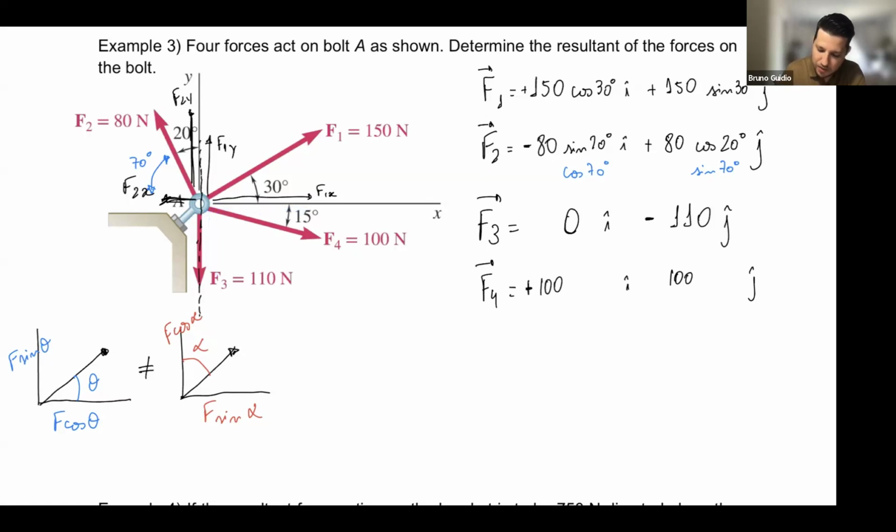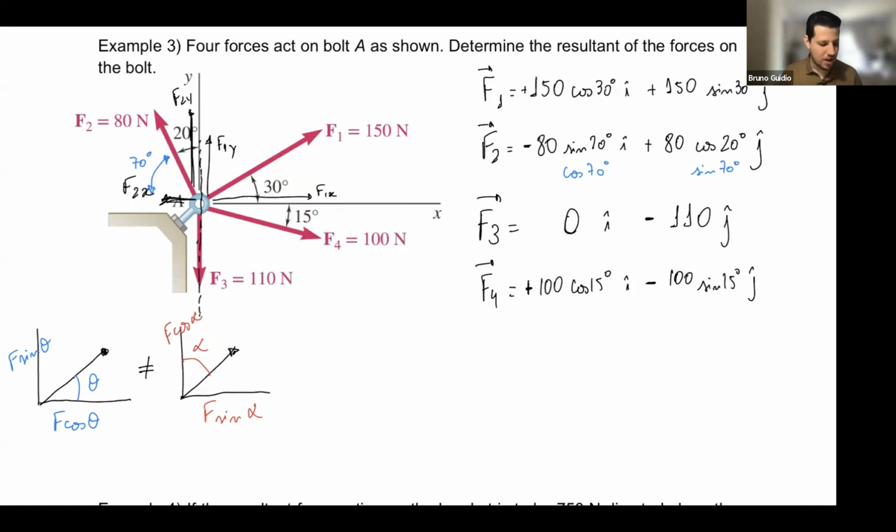So this is positive, this is negative. 15 degrees is given to me, it is measured from the x-axis, meaning that this is going to be cosine and this is going to be the sine. Just like that. Measured from where? X-axis, cosine, sine. Okay? Can save some time.